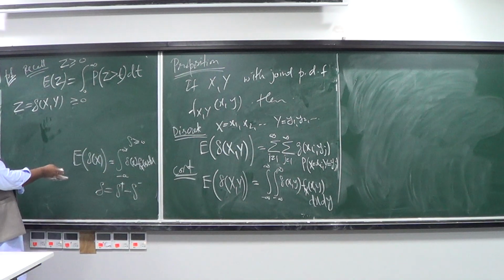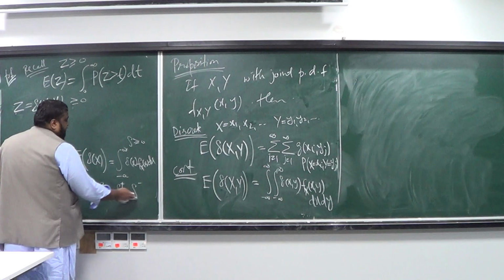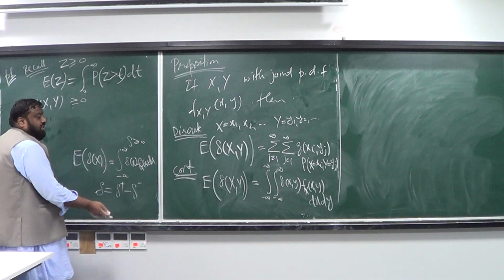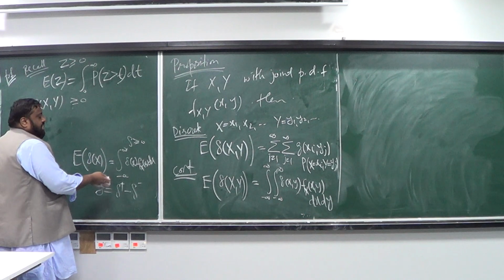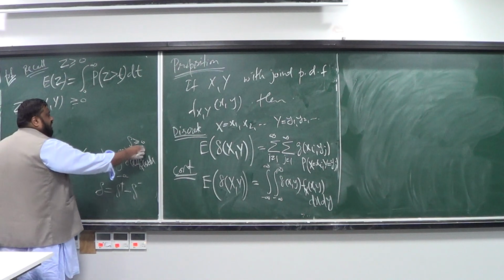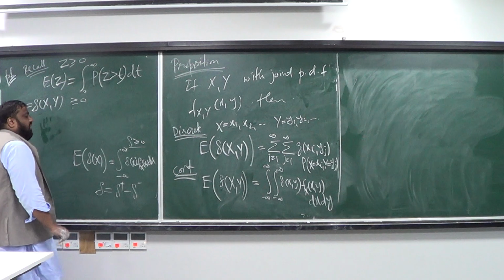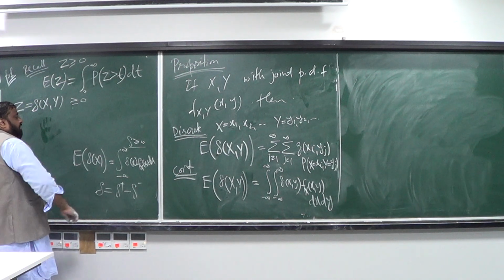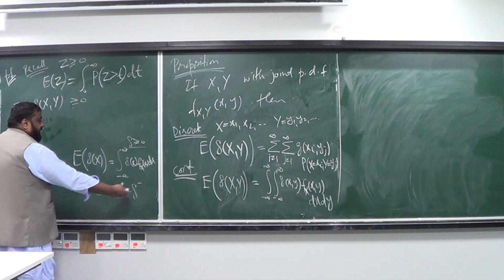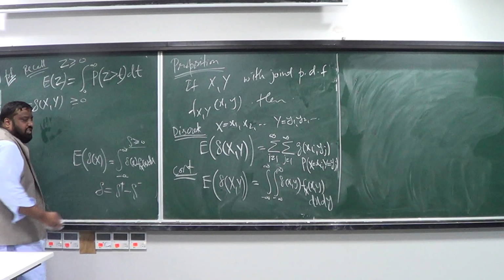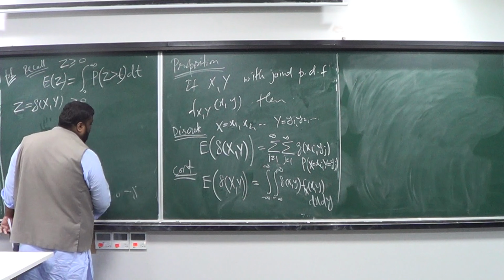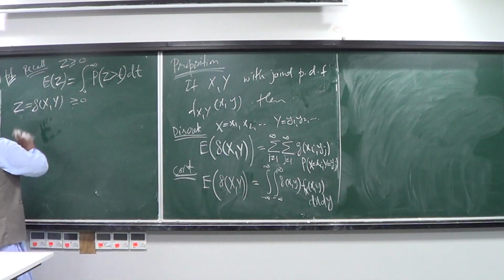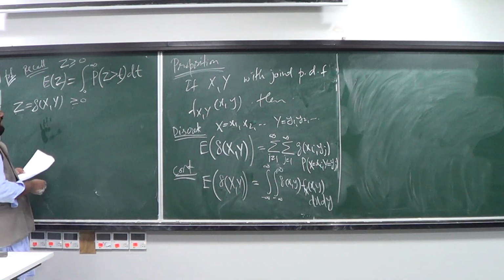You can apply the same trick while these two functions are non-negative. I'm not going into the details. So if your result is true for a non-negative function, then for generic functions using this identity you can also deduce the same result. Therefore it is enough to show the result for z when g is non-negative.